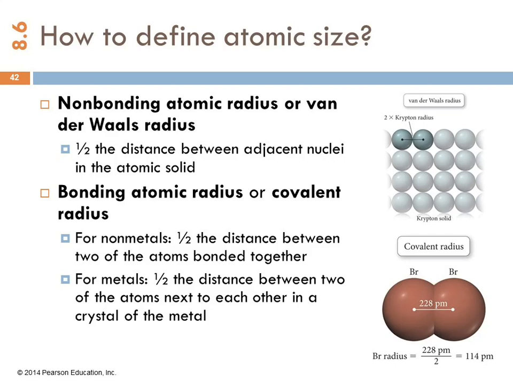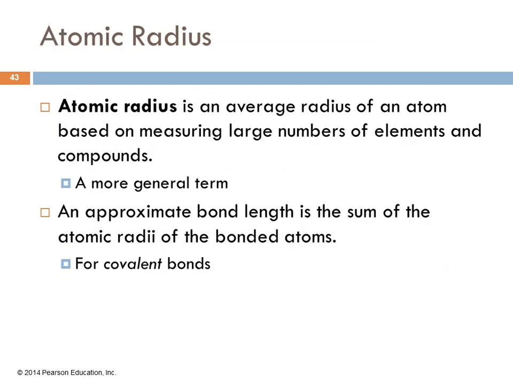Now, are you going to get the same result using both methods? No, you're not. For metals, it'll be half the distance between two of the atoms next to each other in a crystal of the metal. Well, that ends up being a lot more like this non-bonding radius, doesn't it? So those are two methods.